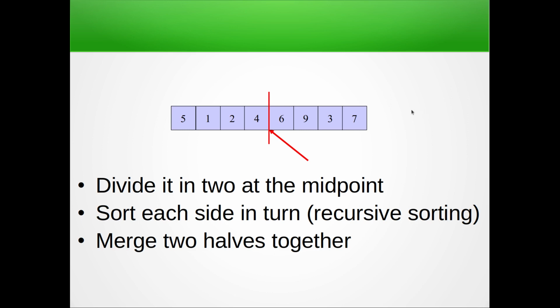The strategy that we will use is that we will break the problem into smaller instances. Specifically, we will divide our data in the midpoint and then sort each of the sublists that we have separately.